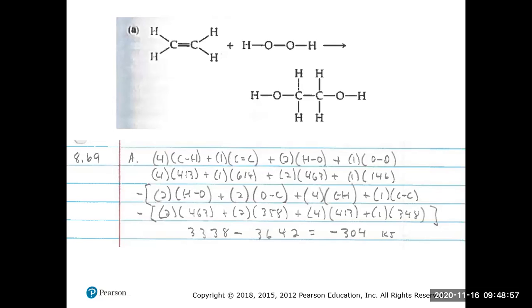That's why the second part, the summation, has the negative in front of it. So what I wanted to communicate here is that you're looking at the bonds, counting up the different types of bonds, and looking up in these tables the bond energies. You're adding up the ones in the reactants and subtracting the ones from the product to get the overall value for the reaction.